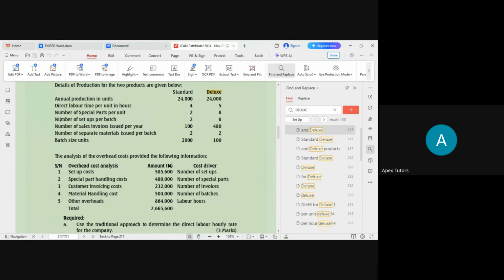So, number of setup per batch. You are saying we should just add 2 plus 6, right? And say 2/8 multiplied by the overhead of setup? Yes, we'll do it the way we've done it.